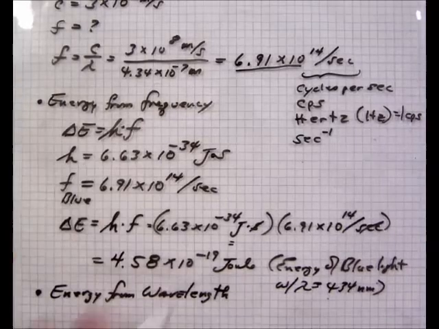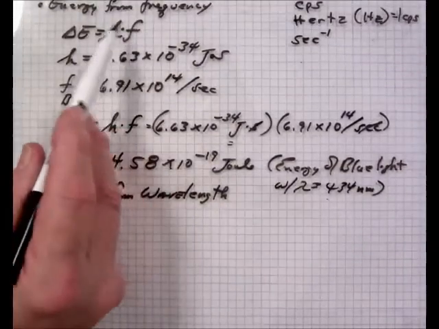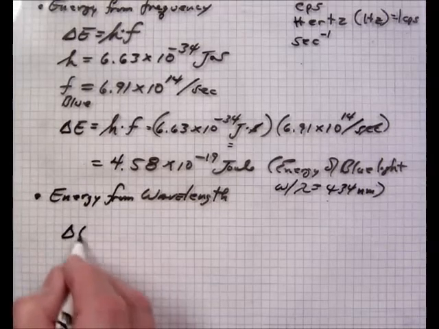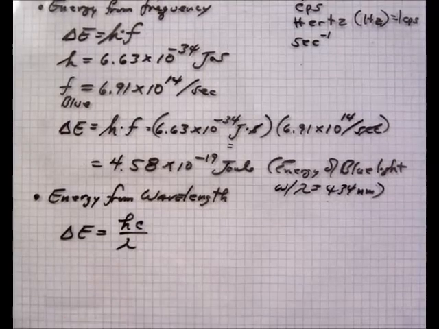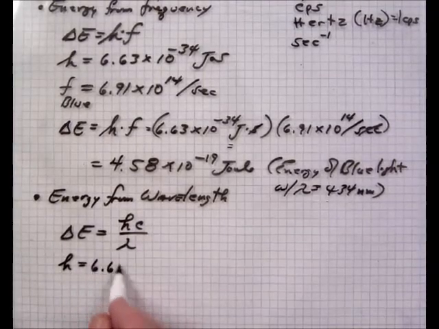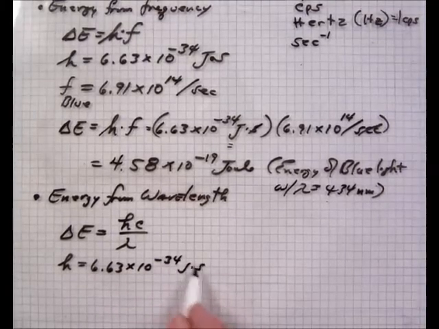Now, the third calculation out of this series of problems is calculating energy from wavelength. This is essentially the same problem, except the delta E equation will be hc over lambda, and h and c are both constants, divided by the wavelength in meters. So delta E is equal to hc over lambda. Now h, again, is 6.63 times 10 to the minus 34 joule seconds.